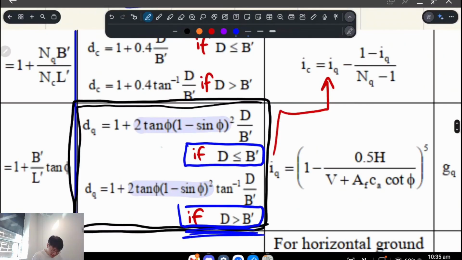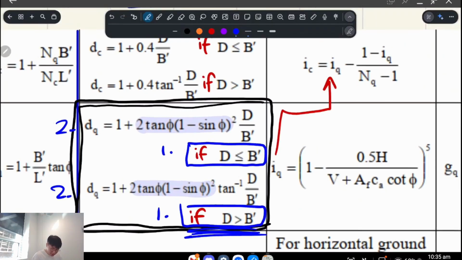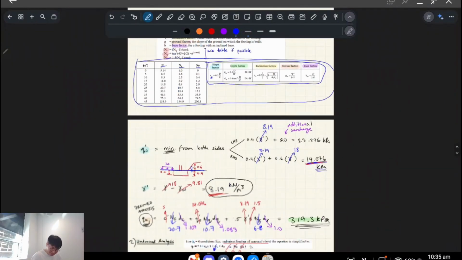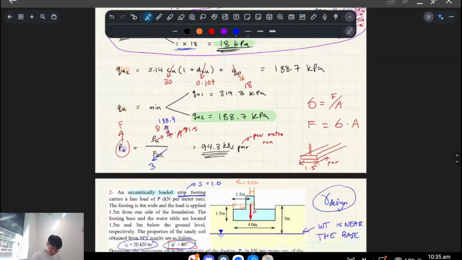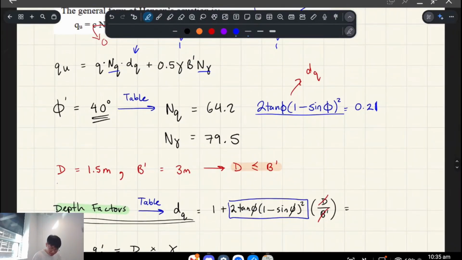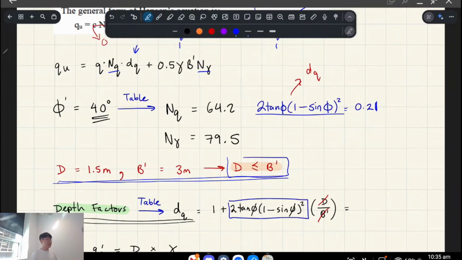What I like to do is calculate this first. So you calculate that, and then you plug in the formula. So you calculate the if statement first, basically. So we calculate the if statement, and we find that D is less than B dash.